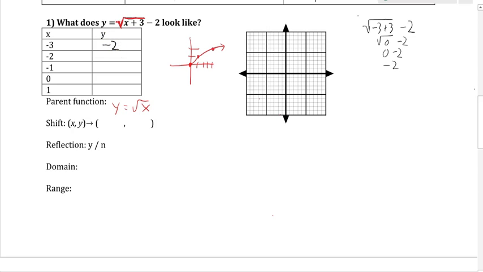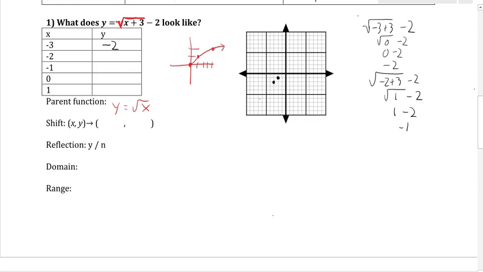So we get the point, negative 3, negative 2. If we plug in negative 2, negative 2 plus 3 minus 2, we get 1 minus 2. Square root of 1 is 1. 1 minus 2 is negative 1.